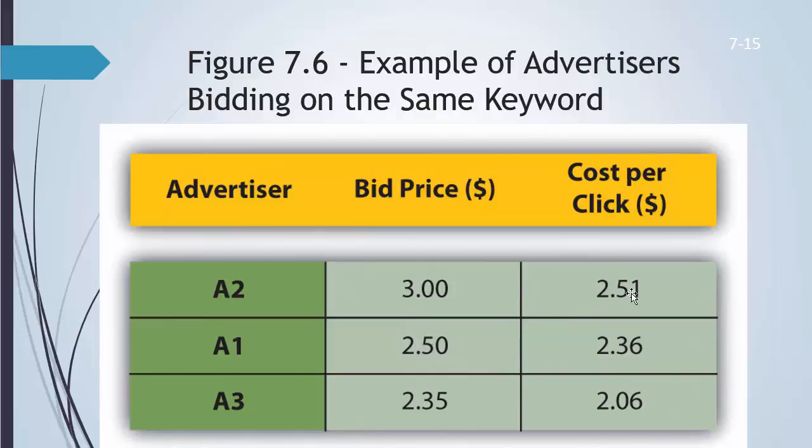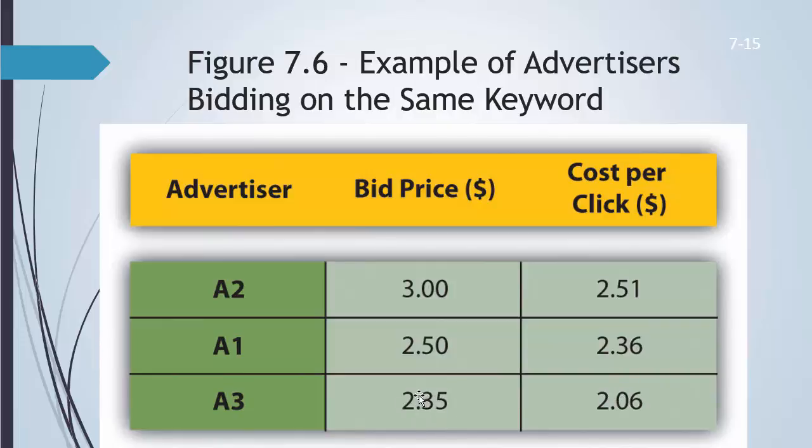So $2.51 is their cost per click. This $2.50 advertisement, the next lowest is $2.35. So instead of paying the full $2.35, their actual cost is going to be $2.36. So maybe the next person bid $2.05. Then this person can get that area for $2.06, even though they bid higher for it.